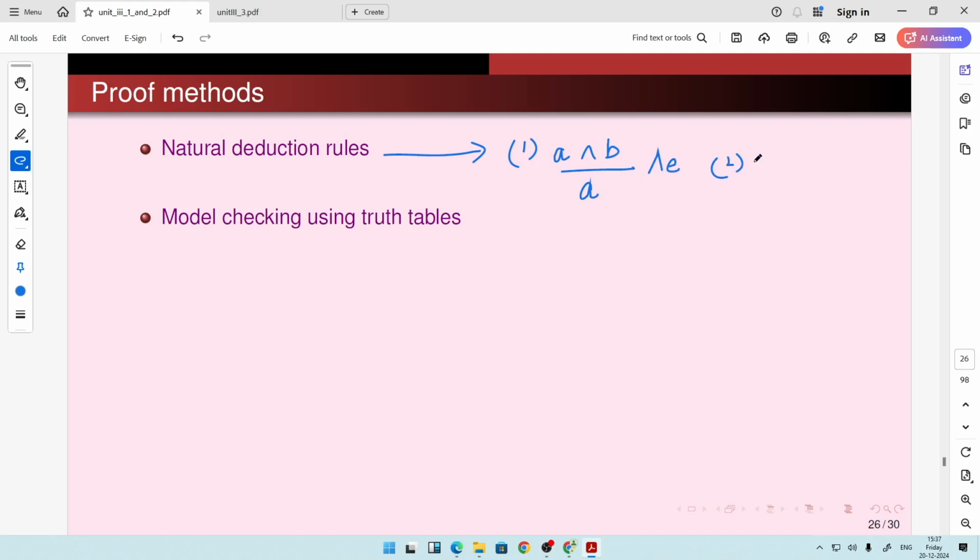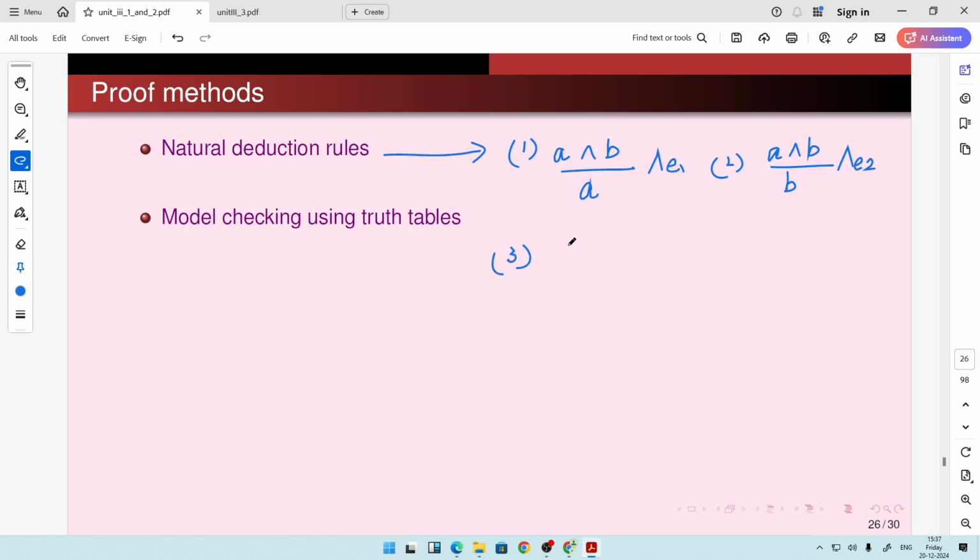The second one: I have two proposition facts A and B, and I get the inference as B. I will put the first one as conjunction elimination 1, the second one as conjunction elimination 2.